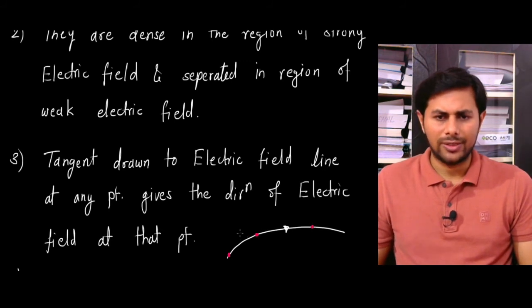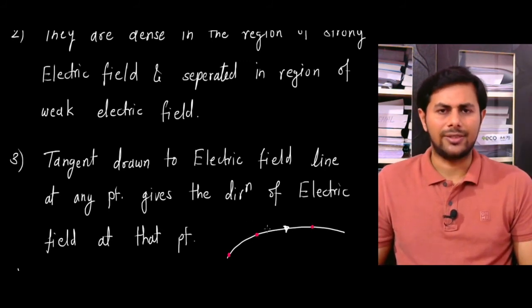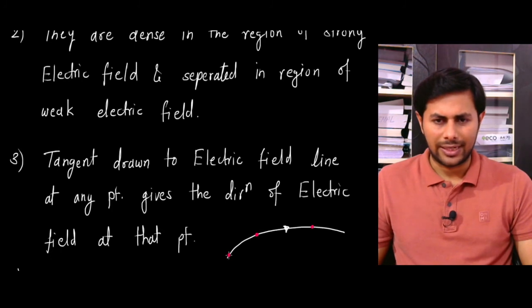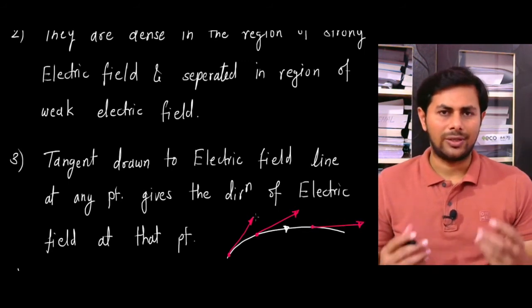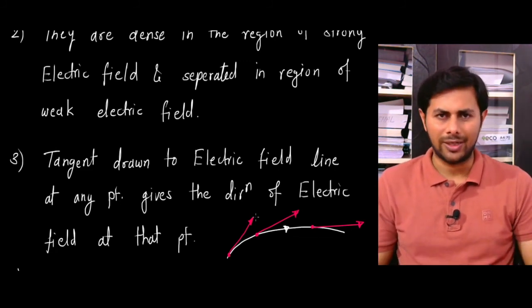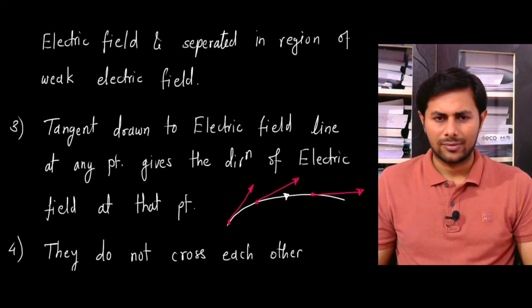Then I will draw tangents at those points. So the tangent drawn over here will give me the direction of the electric field at this point. The tangent drawn at this point gives the direction of the electric field at this point, and so on. Okay. So to find the direction of the electric field, we draw a tangent on the electric field line.